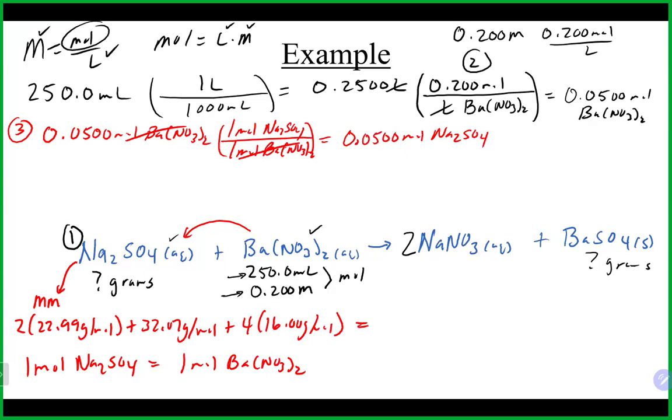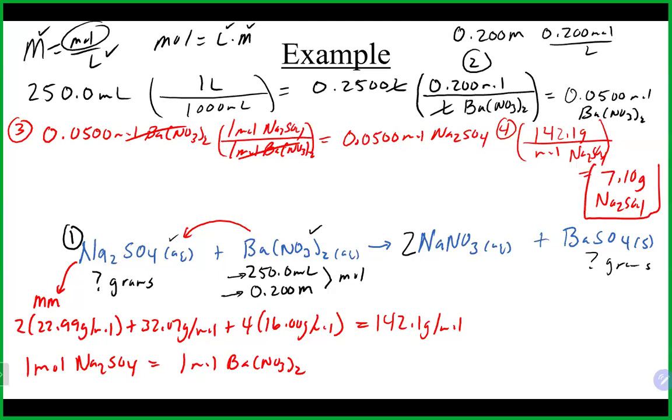That's 142.1 grams per mole. We'll use that for our fourth step here, which is we want grams, so 142.1 grams per mole of our sodium sulfate. And that will get us about 7.1 grams of sodium sulfate needed in this case.